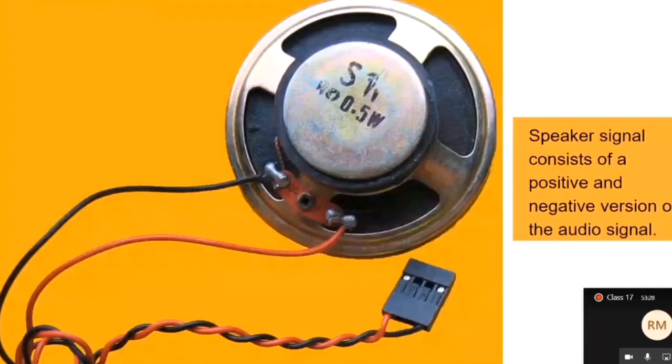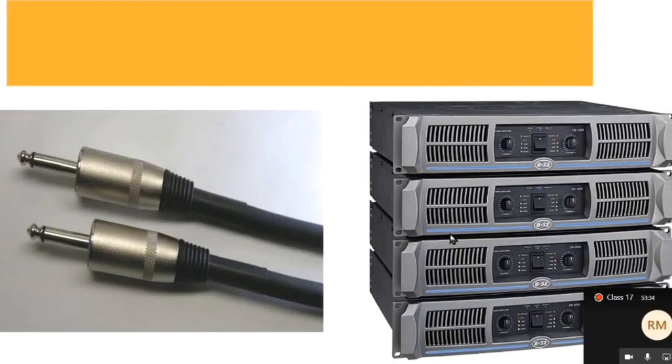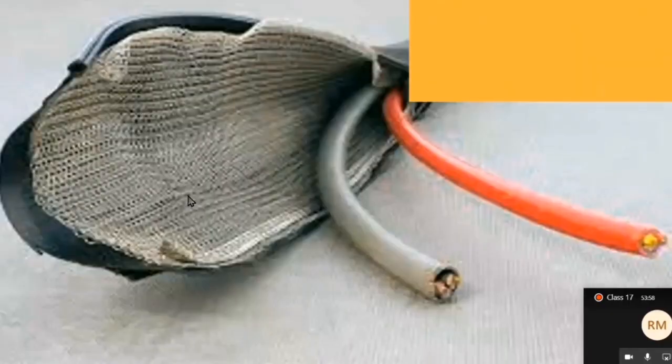The speaker cables are fundamentally different than the unbalanced cables, even though they look the same. Notice here that we have a phono plug, and it just has the tip and the ring, separated by the little piece of rubber there. However, because speaker level is so robust, so large and strong, it doesn't need shielding. So if you split open your speaker cable, it's not going to have this metallic mesh protecting it.